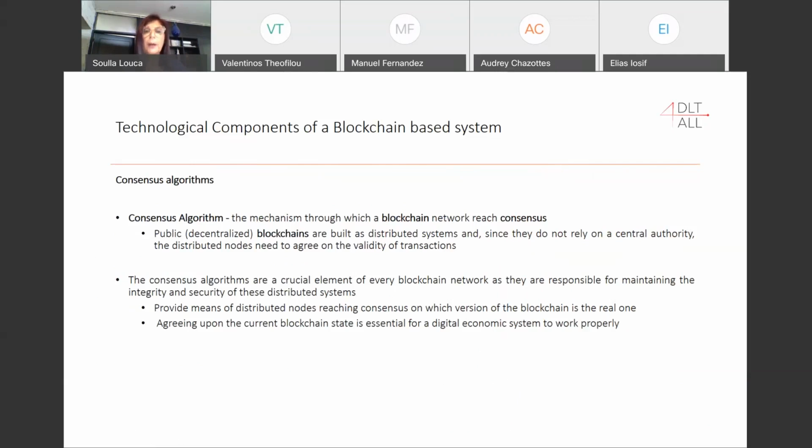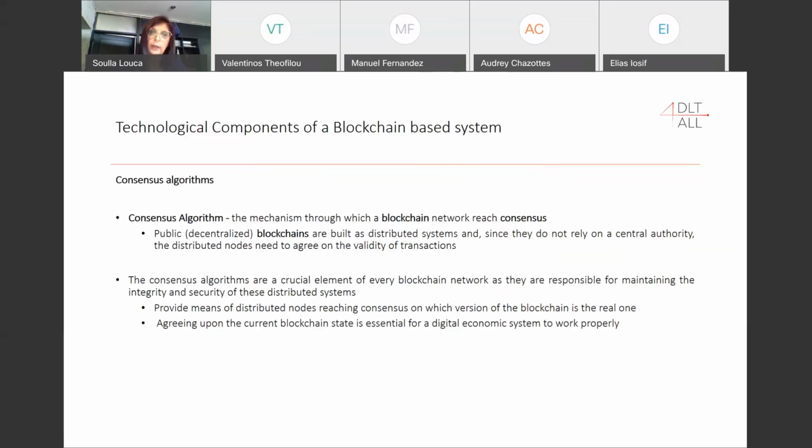In public blockchains, decentralized ones, they're built as distributed systems, and since they do not rely on a central authority, the distributed nodes need to agree, as we said, on the validity of the transactions.